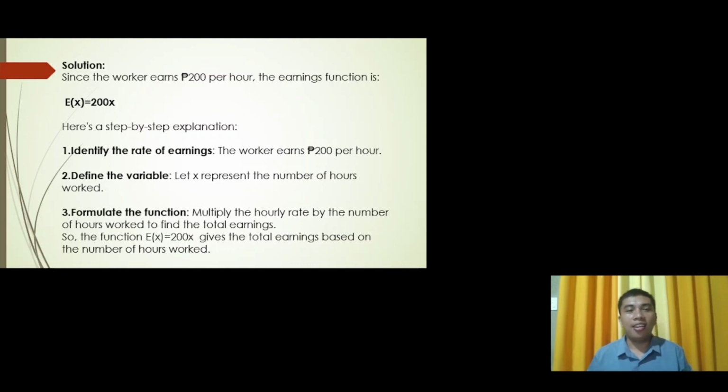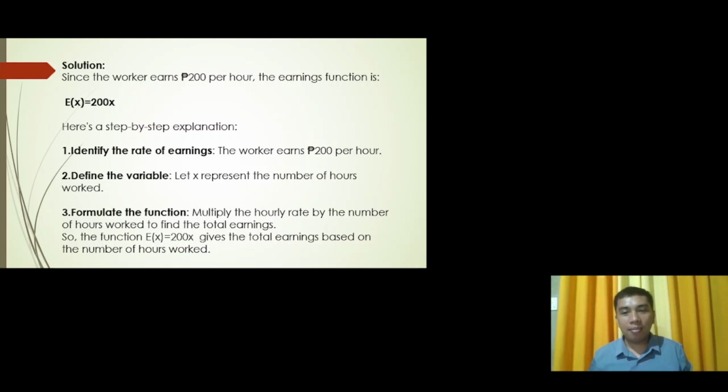So that's the answer. Here's a step-by-step explanation. Number 1, identify the rate of earnings. The worker earns 200 pesos per hour. Number 2, define the variable. Let x represent the number of hours worked. Then formulate the function.